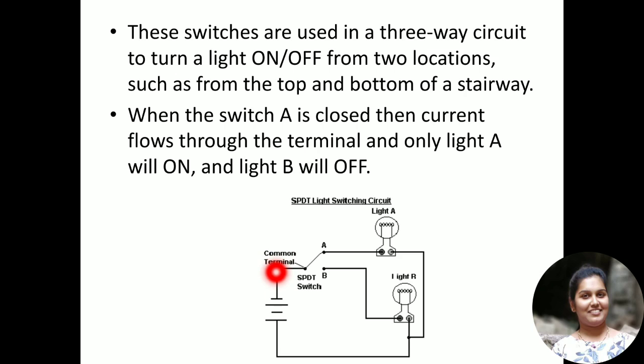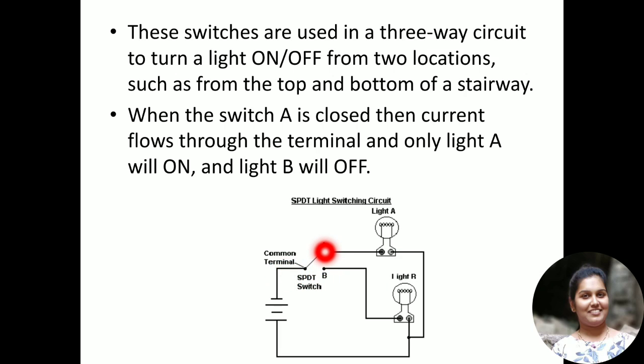The power supply used is the same. The switch that we are using here is a single pole double throw. Double throw means here we can connect two different circuits. So that's why I have connected two different bulbs or lights here. So you can see a light here, light A on the upward side and light B below it.